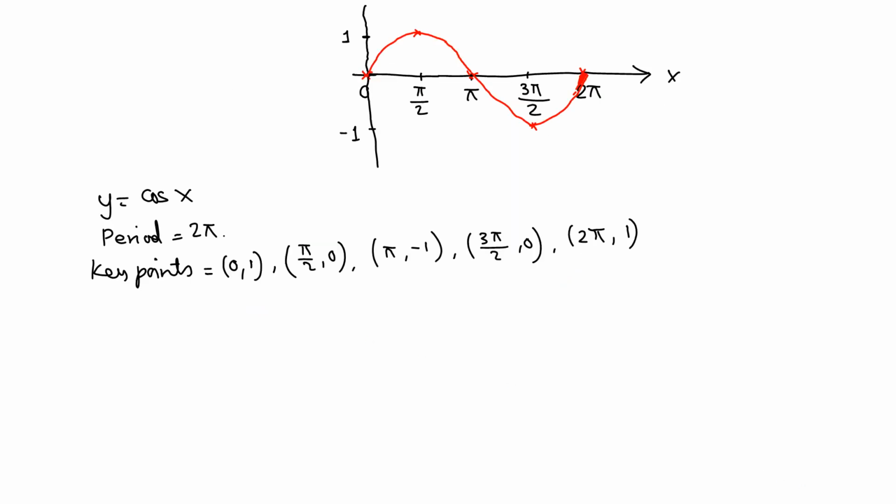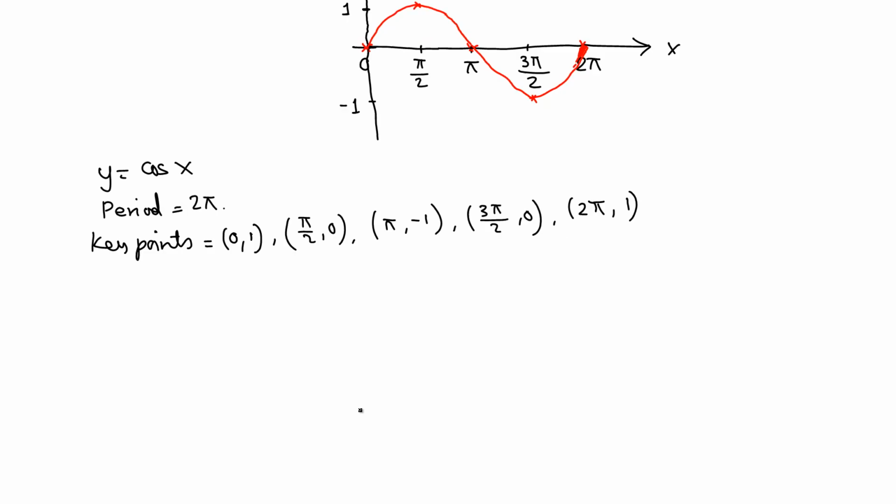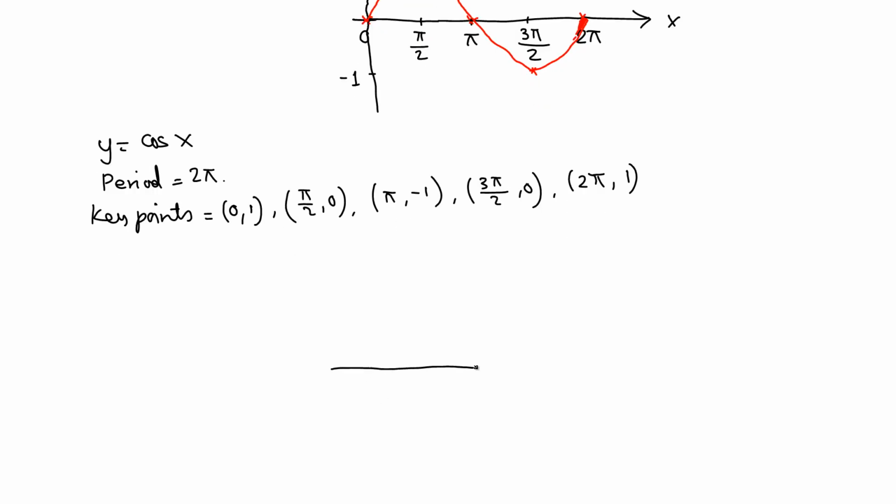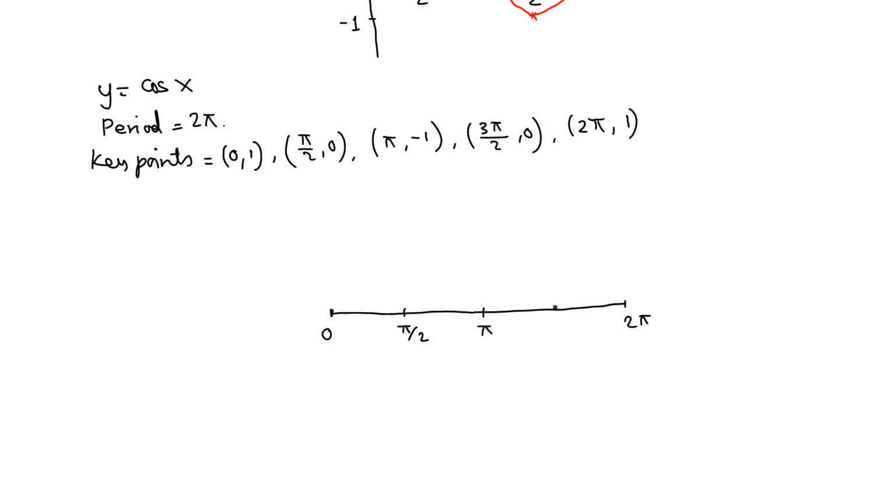Let's do that. So we have the function y equals cosine x, cosine 1x, so we can find the period, that's 2 pi over 1, which is 2 pi, and we divide the period into 4 equal parts to find 5 key points. Here is 0, 2 pi, half pi, here is pi over 2, and here is 3 pi over 2.